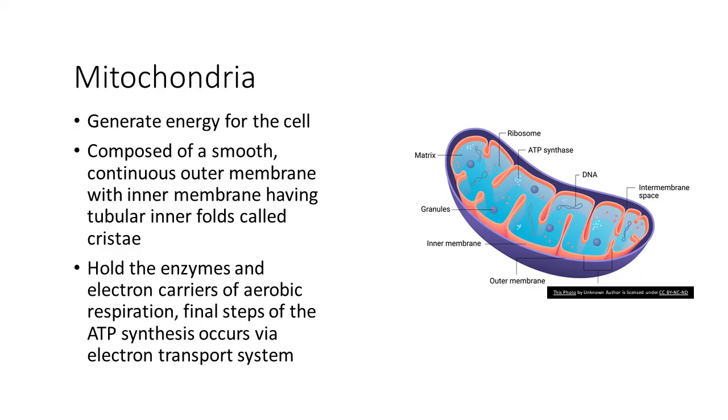So it's going to be a site for energy production, ATP. And it's able to do that because it has all of this. You can see there's one membrane in the dark purple. The second membrane is folded. Those folds are called the cristae, and it's because of that double folded system that it allows for ATP production and the electron transport system.